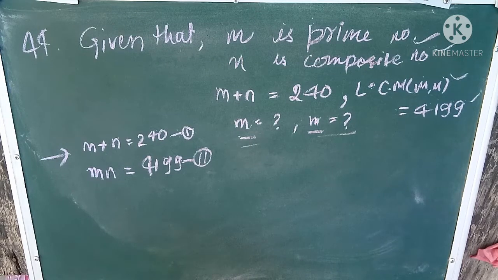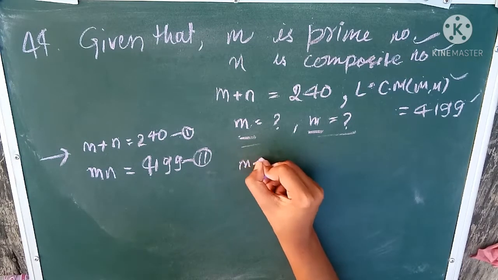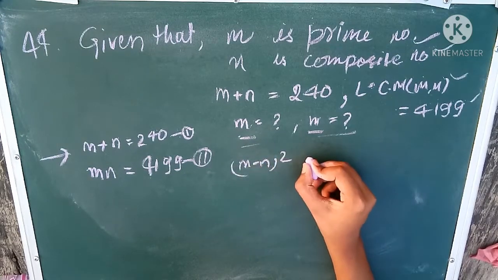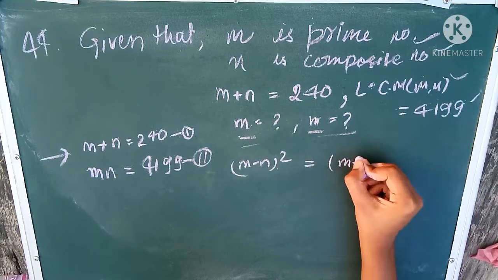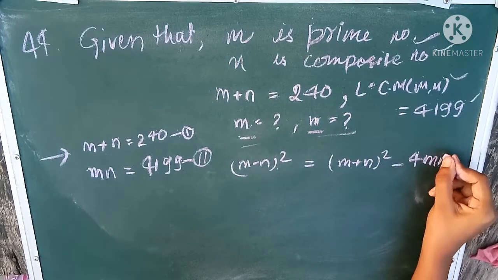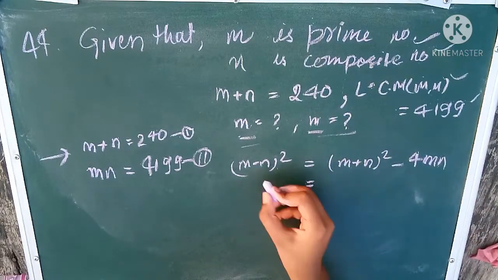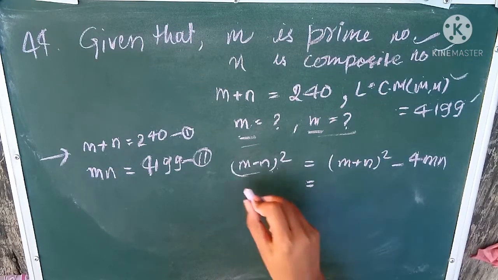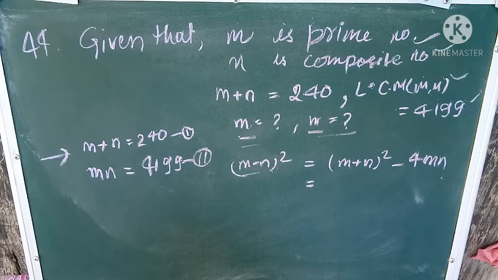Now we will use an identity which is (m minus n) whole square equals (m plus n) whole square minus 4 multiplied by mn. We will find the value of m minus n using this identity we have already learned in the previous classes. So let us put the values here.